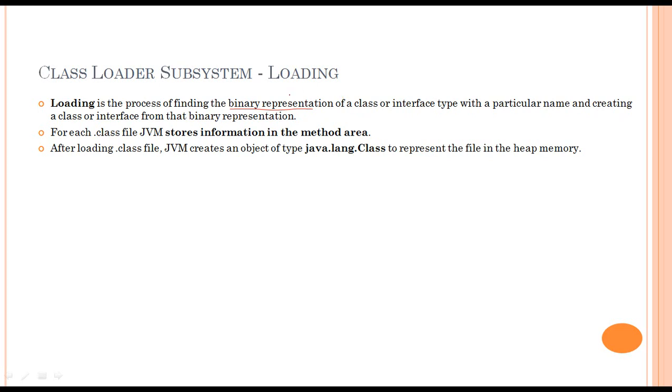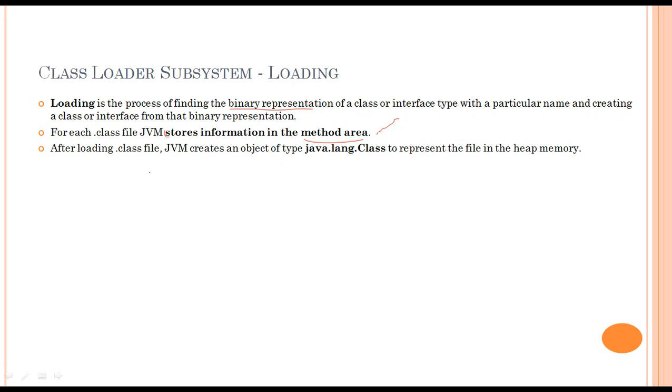For every dot class file, JVM stores the information of that particular class file into the method area of the runtime data areas of JVM. We'll discuss what type of information gets stored as part of this loading process.